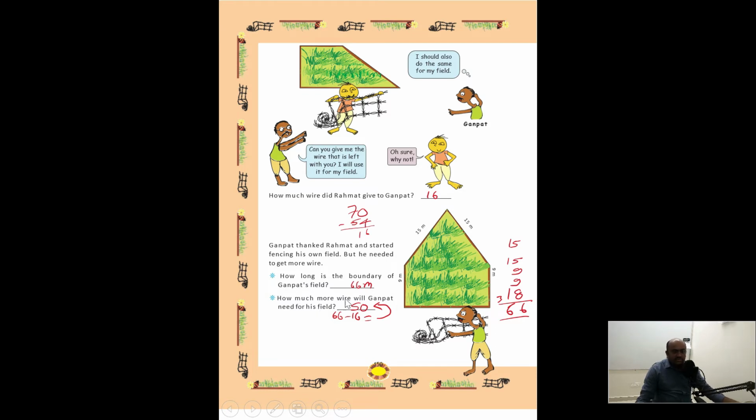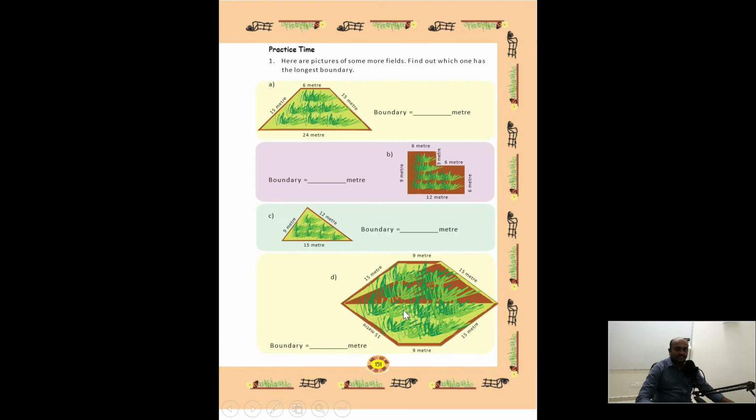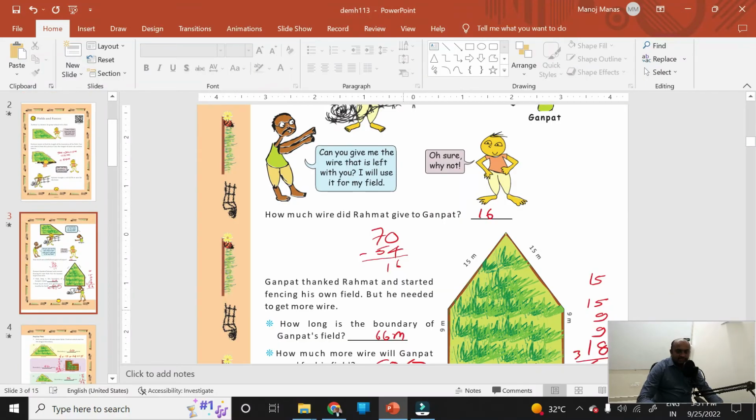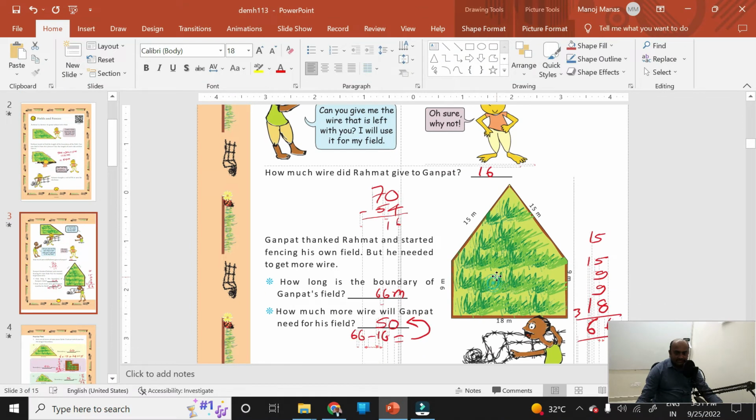So how much more wire will Ganapat need for his field? It is 66 minus 16. 16 is given by Rahmat, right? So 66 minus 16, he needs 50 meters. So he is purchasing only 50 meters. Now, let us check why that is. Yeah, here it is.